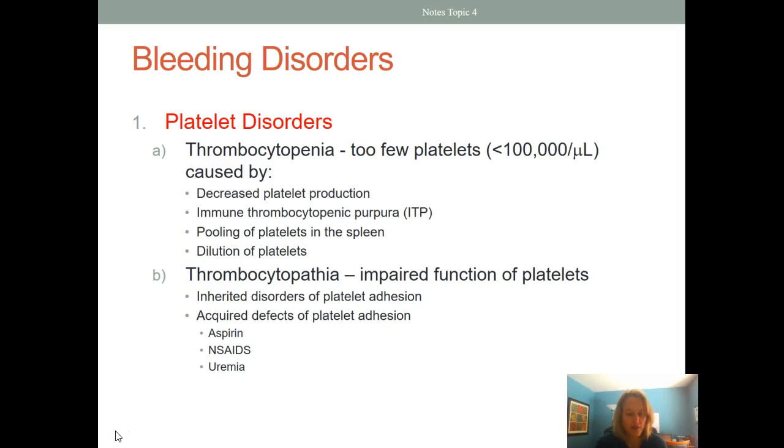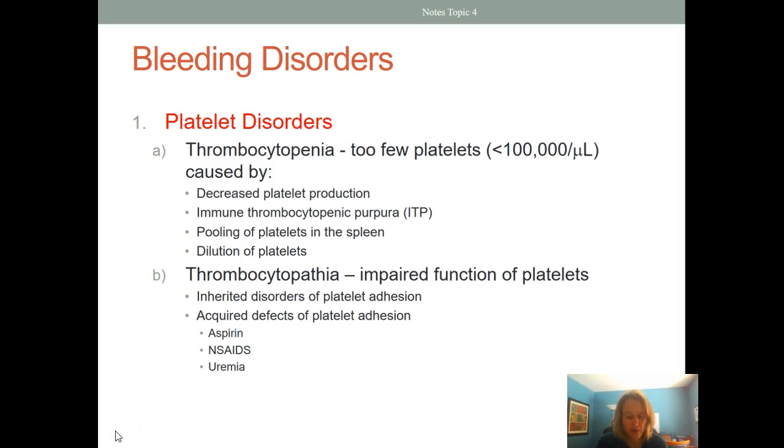Aspirin irreversibly blocks the synthesis of thromboxane A2 for the life of the platelet. This is used to the advantage in heart patients who might take a baby aspirin a day to block some of that platelet production of thromboxane A2.